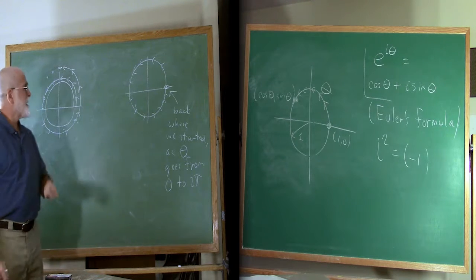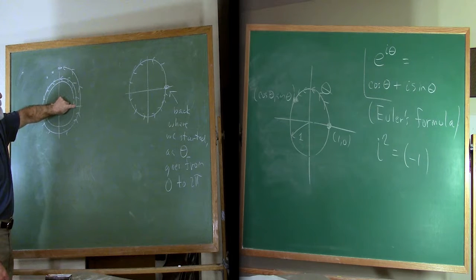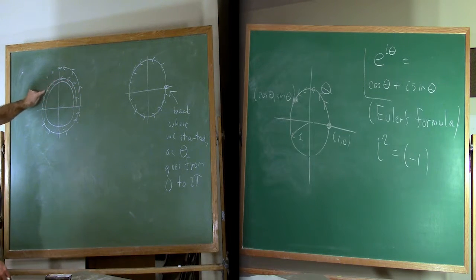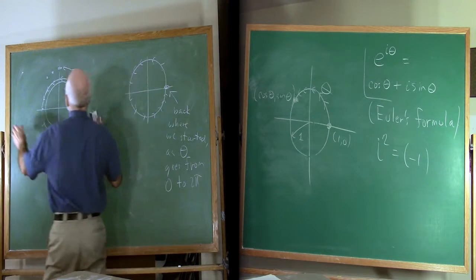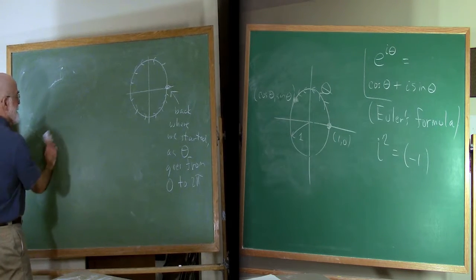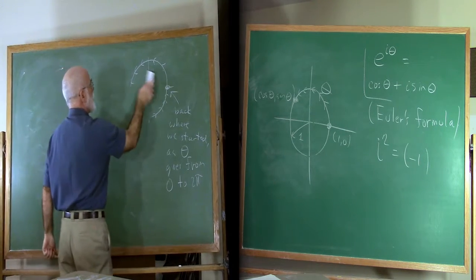Imagine my finger is doing the traveling. Starting here, counterclockwise, counterclockwise, counterclockwise. For example, let's say we wanted cosine and sine of 3 pi.